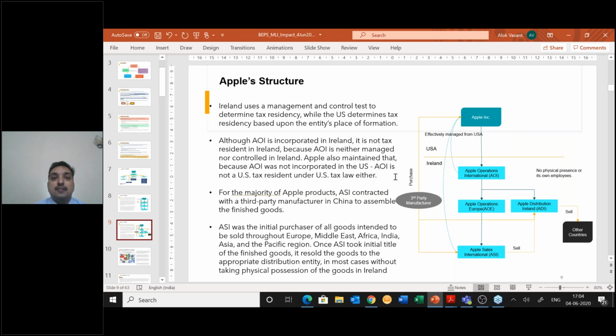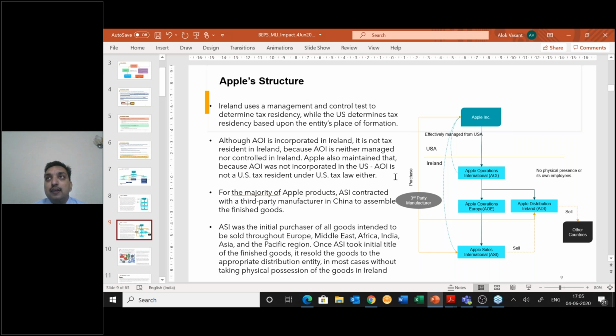It is not a tax resident of Ireland. Similarly, they said AOI is incorporated in Ireland and it is not incorporated in US. Therefore, it is not a tax resident of US, which means AOI was not a tax resident of any of these two countries.